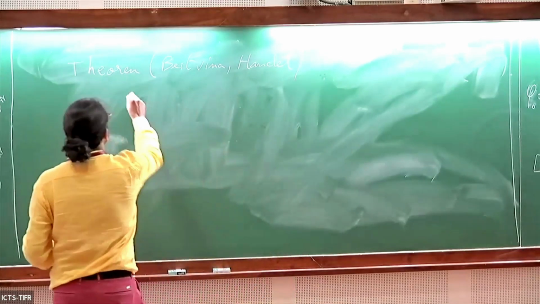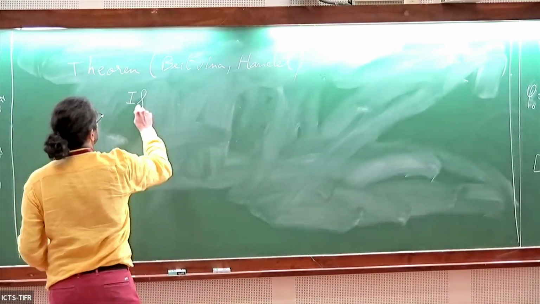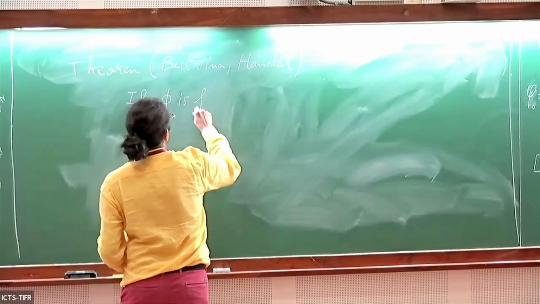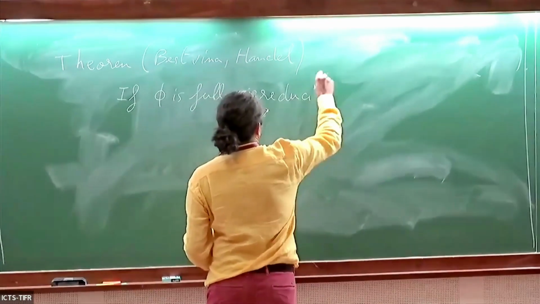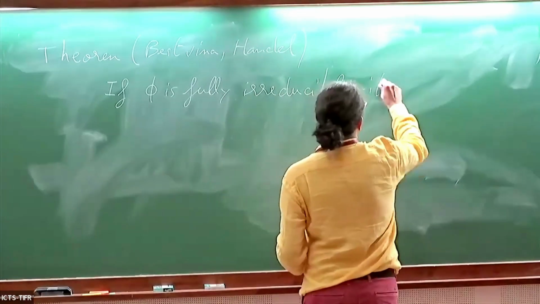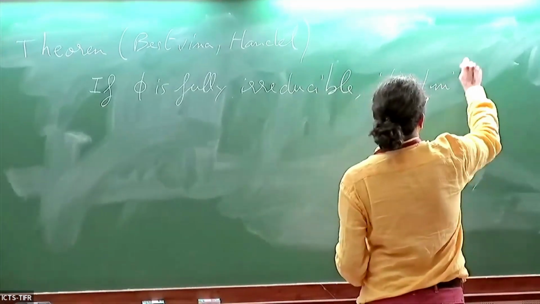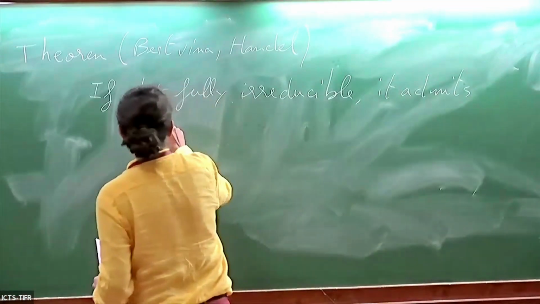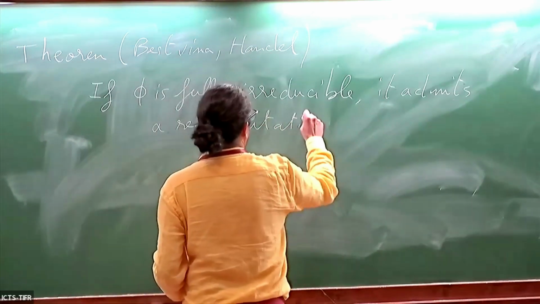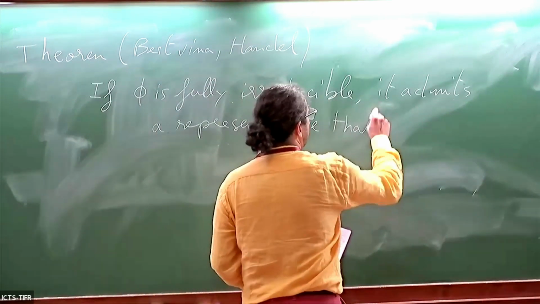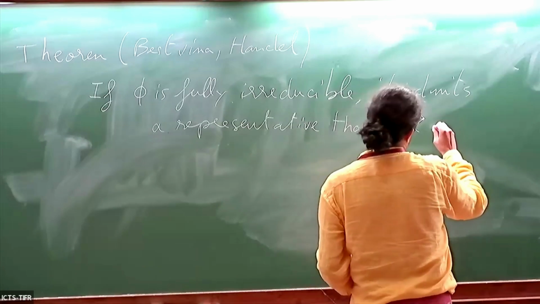If phi is fully irreducible, it admits a representative that is a train track.